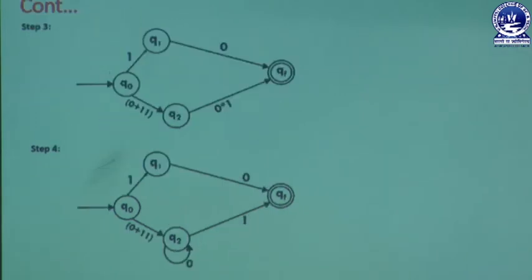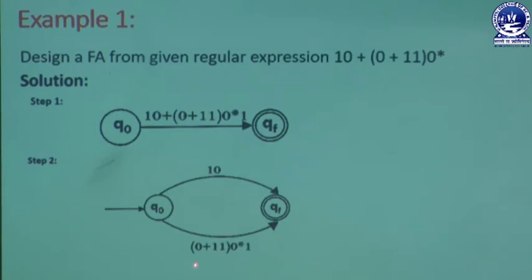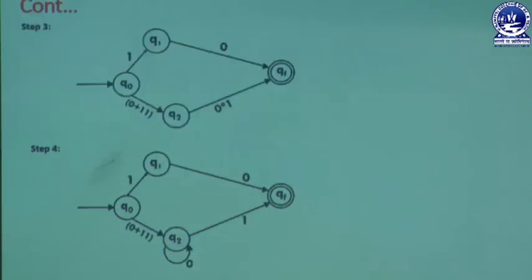In step 3, we discuss how Q0 can take input 1 and create Q1, then Q1 can take a 0 input and create QF. Similarly, we need to break the previous expression 0 + 11 0* 1. When that statement is broken, Q0 can take input 0 + 11 and create Q2.